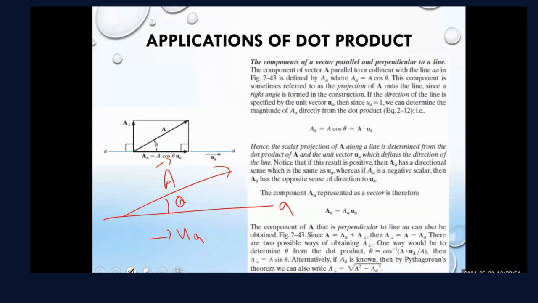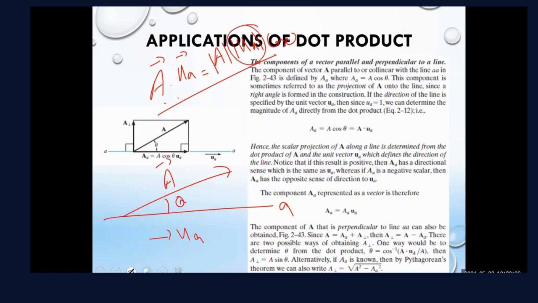If you take the dot product for these two, it would look like A dot UA is equal to the magnitude of A, the magnitude of the unit vector, and cos theta, right? Once you put the definition, this is how it will look: the vector A, then instead of B you have the unit vector, then the magnitude of A and the magnitude of the unit vector.